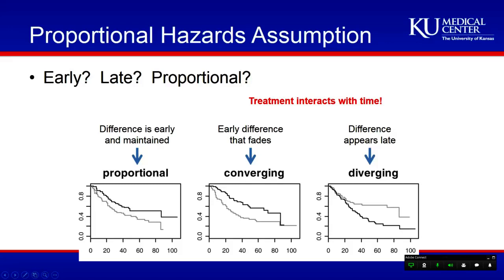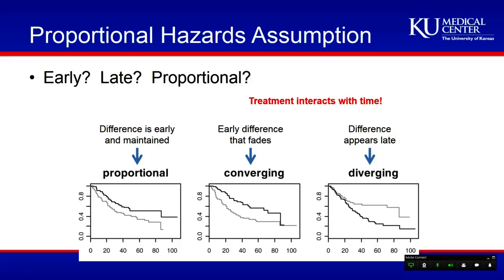If it levels out, the risk of death is actually decreased because we see fewer events occurring in that unit of time. But notice that we see a difference that starts early, and it's relatively similar across the entire curve. So that's when we have proportionality of hazards. The differences in risk are found early and maintained throughout the entire studied period.